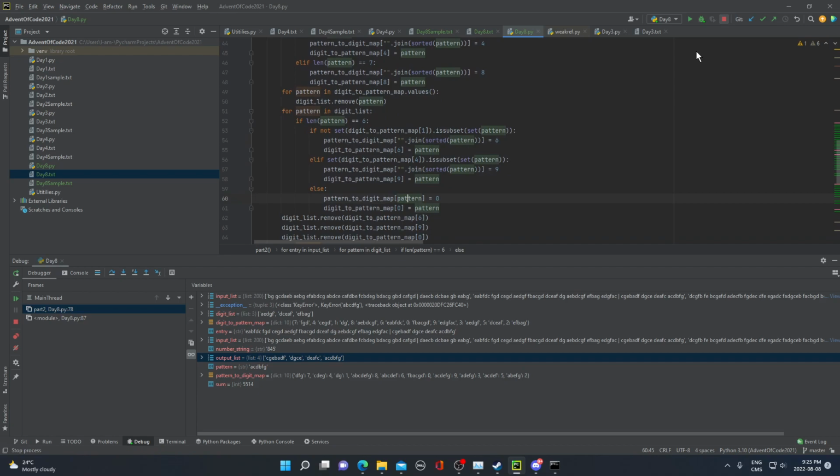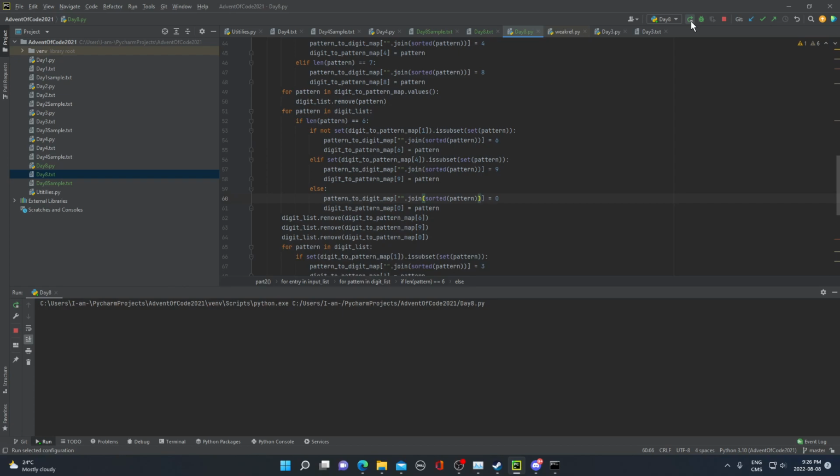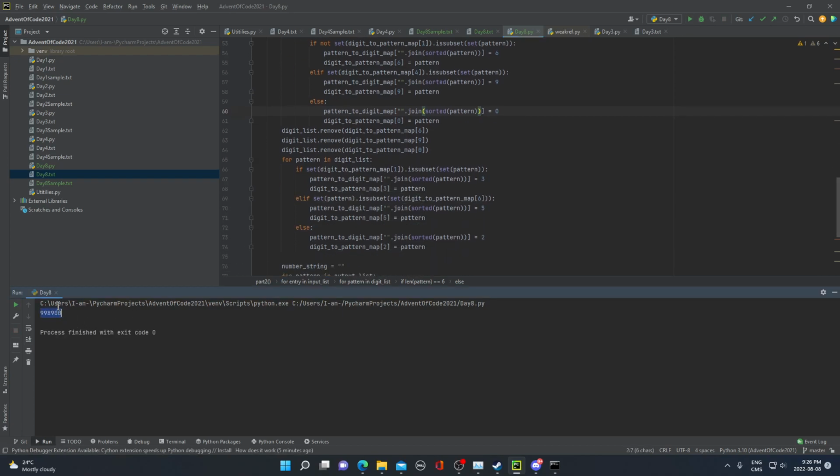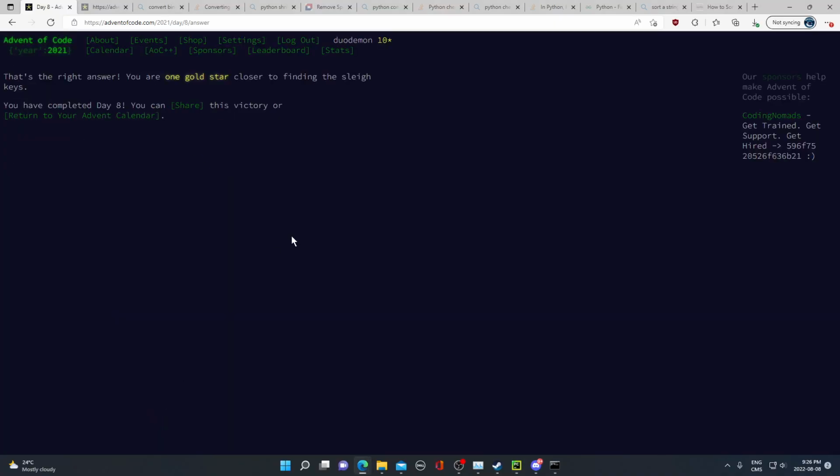Yeah, I just forgot to sort. Good grief. No, 98900. I have no clue if this number is correct. Oh, looks like that's the right answer, and I'm finished with this problem.